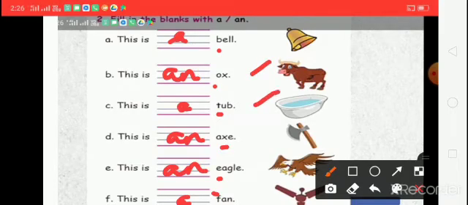So you write an. Next, this is dash fan. F. Consonant sound. You write a. This is a fan. This is a bell. This is an axe. This is a duck. This is an axe. This is an eagle. This is a fan.